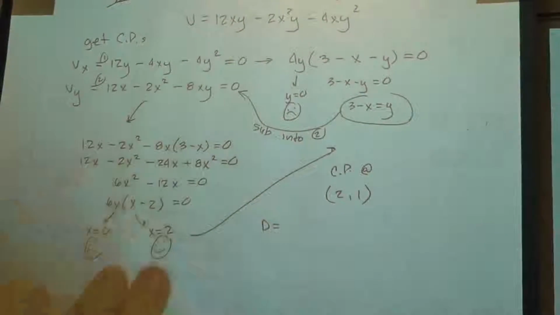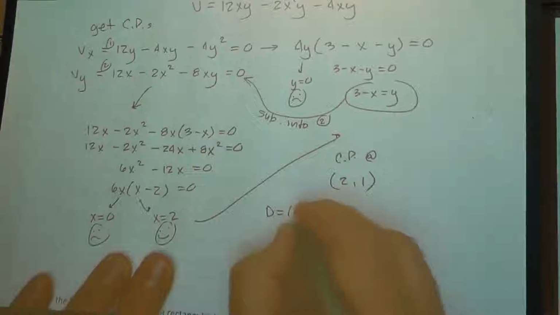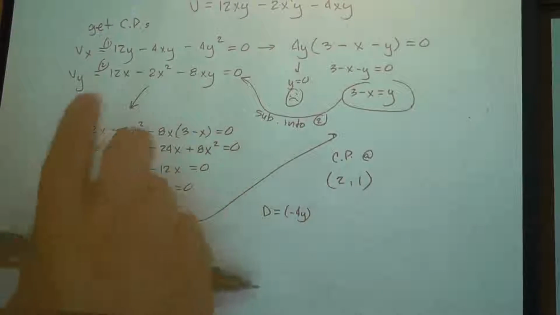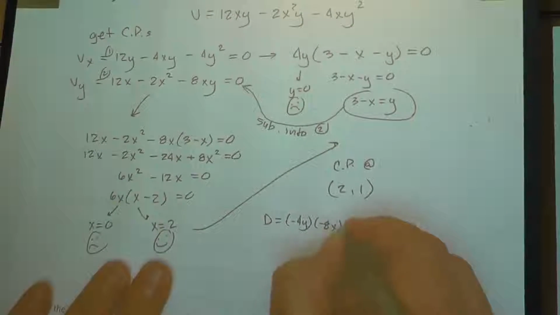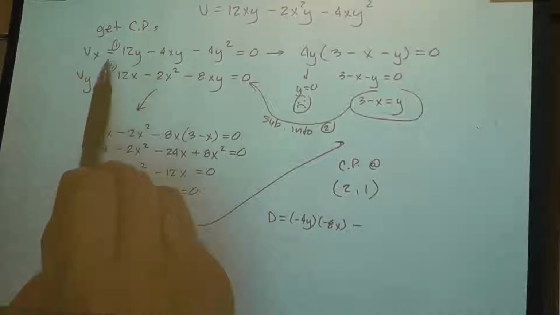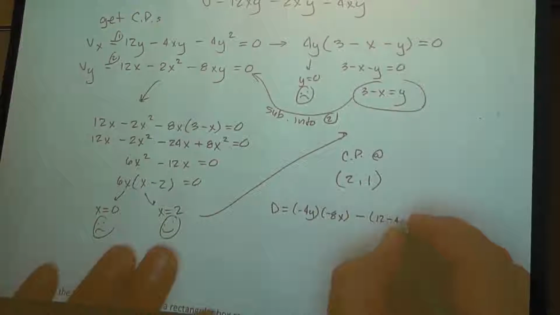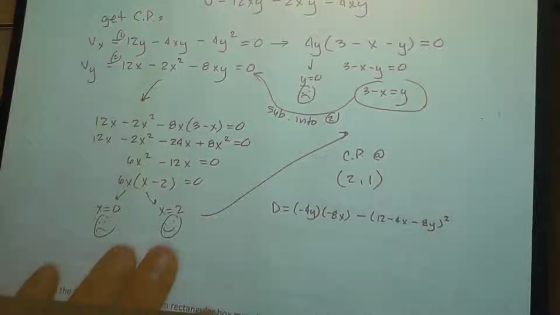The second partial with respect to x is not that bad. It's only negative 4y. The second partial with respect to y is negative 8x. And then your mixed partial might be a hot mess. The mixed partial, fxy, is 12 minus 4x minus 8y, quantity squared.